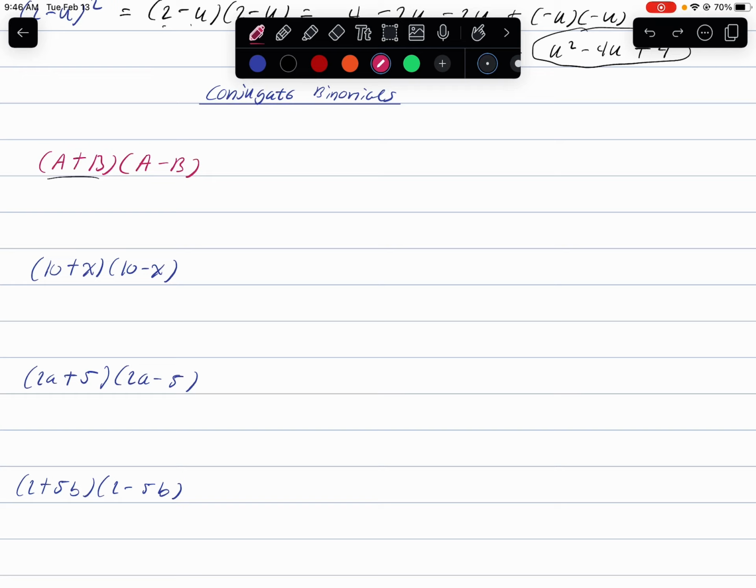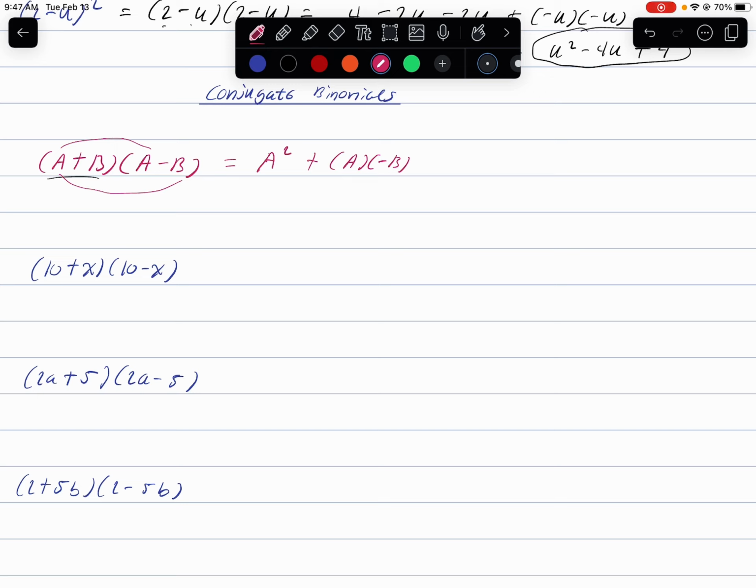So if we have a plus b times a minus b, a product of conjugate binomials, you'll have firsts, a times a, which is a squared. Then you'll have our outers, which is a times negative b, so plus a times negative b.